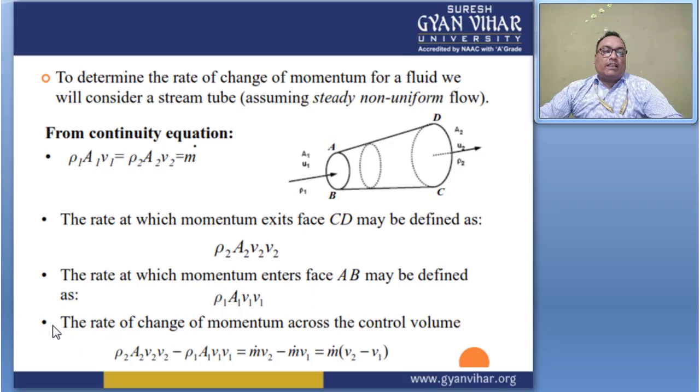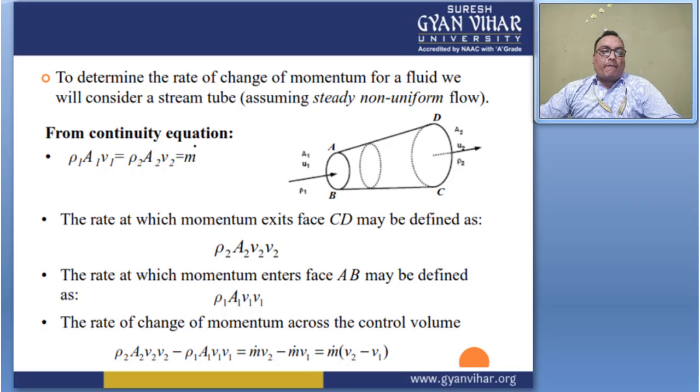Then the rate of change of momentum across the control volume is rho 2 a2 v2 v2 minus rho 1 a1 v1 v1, equal to m dot v2 minus m dot v1, which is equal to m dot (v2 minus v1). So this is the momentum equation for this type of flow.